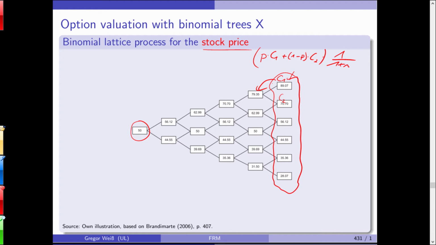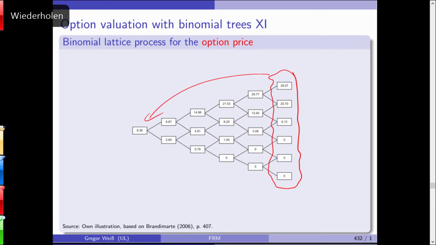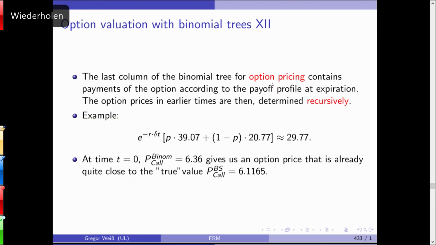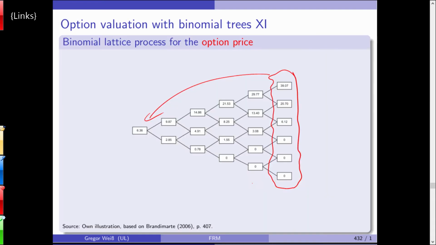And then you can do it recursively, and as you do have the risk-neutral probabilities, the calculation of the option prices is quite simple from now on. You just have to do it from period to period backwards. This is shown here. Now you can do it in continuous time, and you get the prices, for example, 29.77. This is this price here.